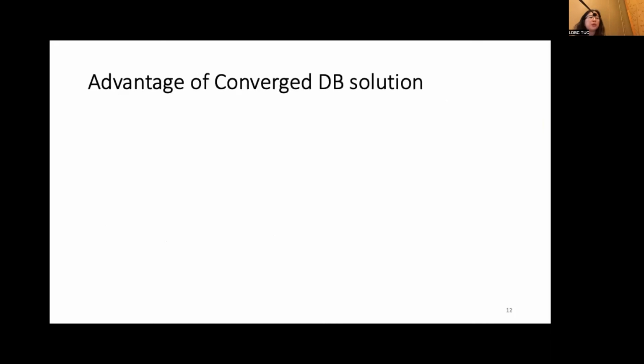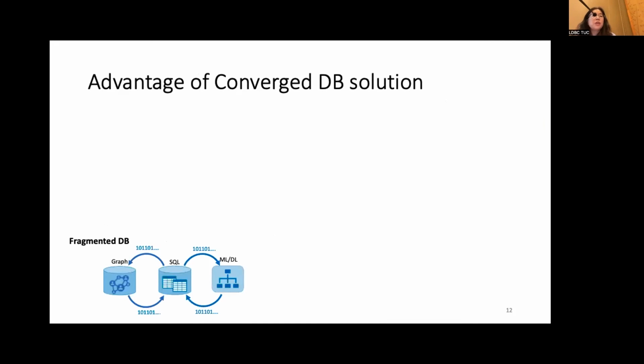I want to elaborate a little bit on the advantage of converged database solutions. Eventually, the converged database solution solves the fragmented database problem. Seldom do you have only a homogeneous workload that's just about graph. Graph is often mixed with SQL and ML together.